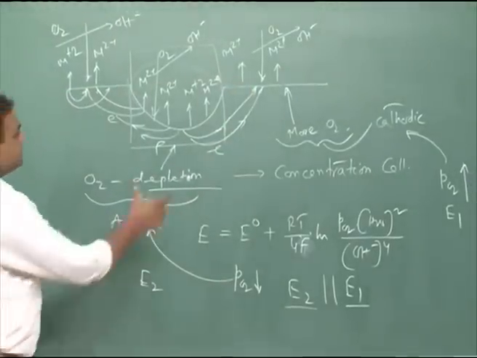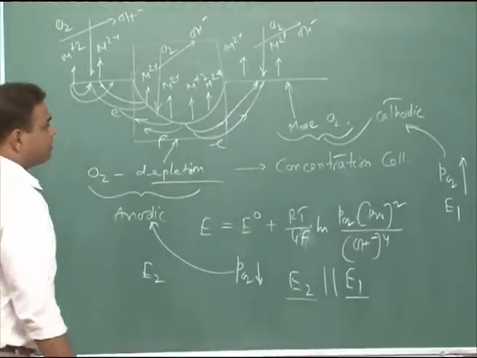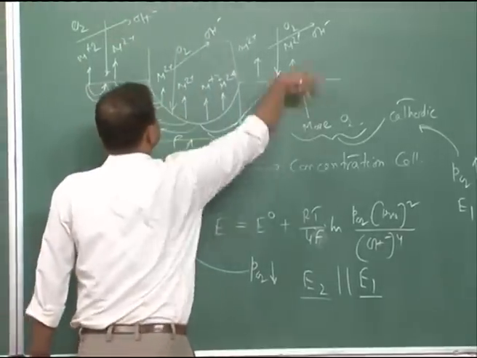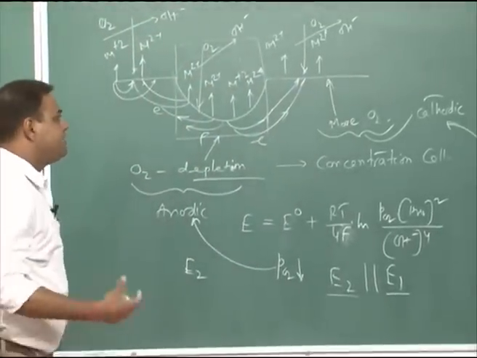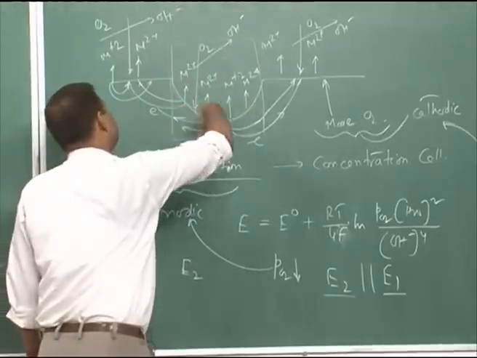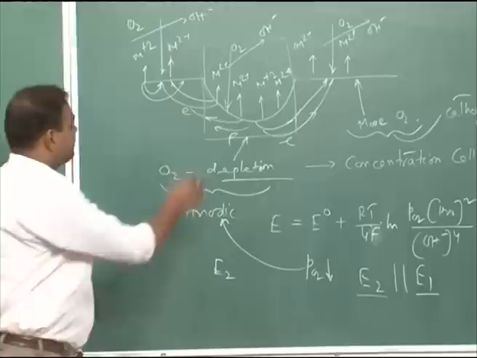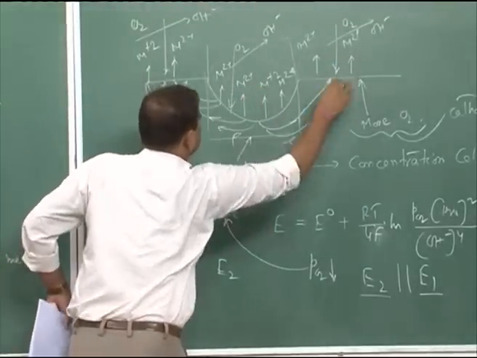And now, see that we have a differential aeration cell or concentration cell, and the largest section of the surface is cathode, and of course, that larger section is more or less cathodically protected, but the anodic part will have a small area against the large cathodic area.